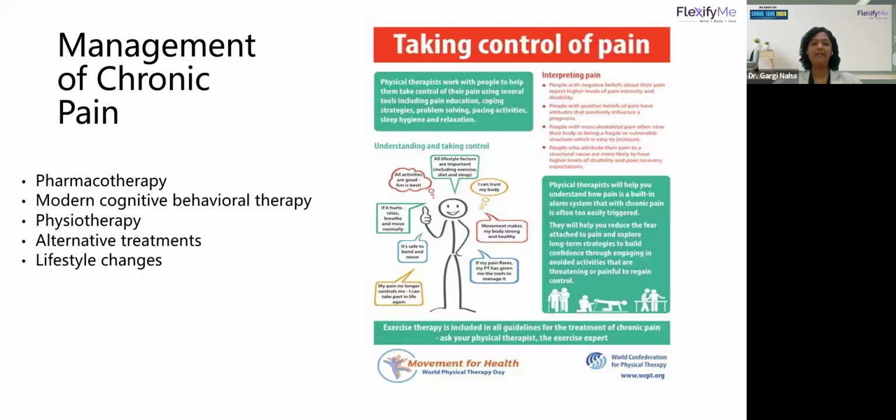Hold again. 1, 2, 3, 4, and 5. Now take it left up diagonally. Hold it. 1, 2, 3, 4, 5. Now take it right down diagonally. 1, 2, 3, 4, and 5. And bring it to the center.